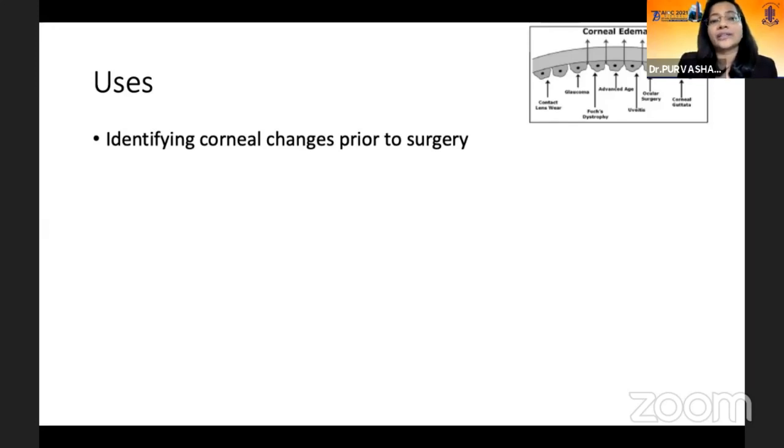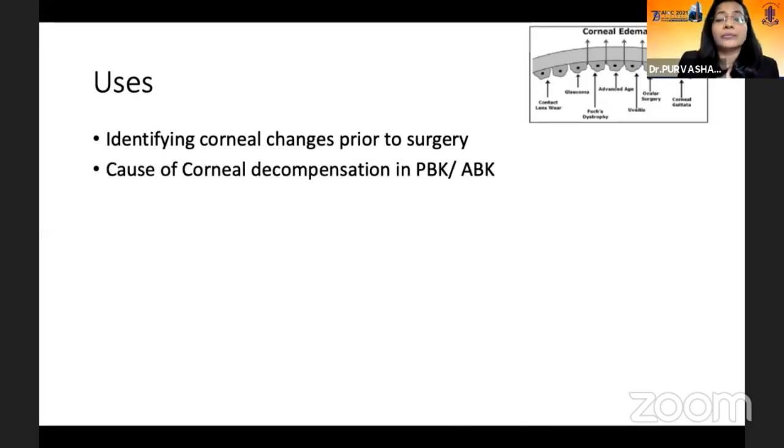Basically, it is used for identifying corneal endothelial changes prior to surgeries, for example, in cataract surgery or others. We could also find out the cause of corneal decompensation in pseudophakic bullous or aphakic bullous keratopathies.